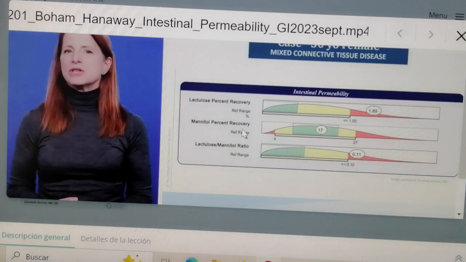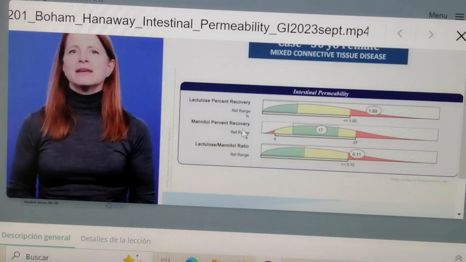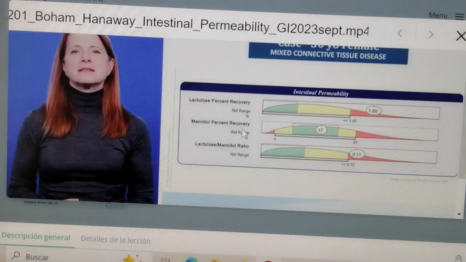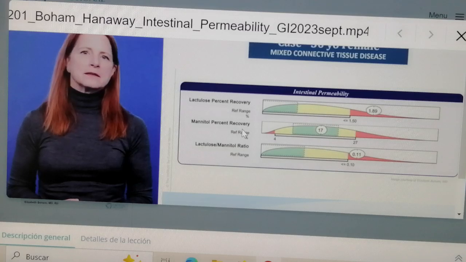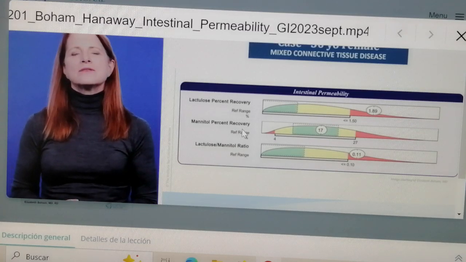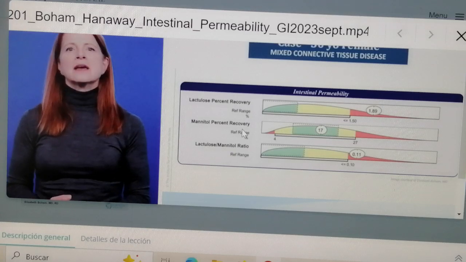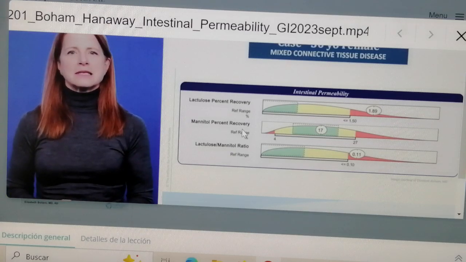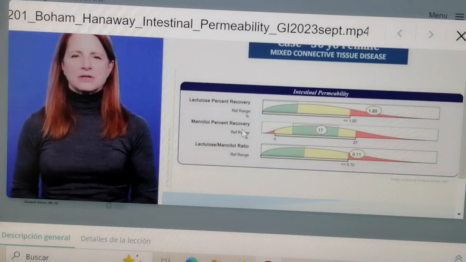And another way that we can check for intestinal permeability is looking at antibodies against zonulin and lipopolysaccharides and actomyosin, and I'll show you that later. But because of my concern with her medication, I chose to do this test that's been around a long time, the lactulose mannitol test.